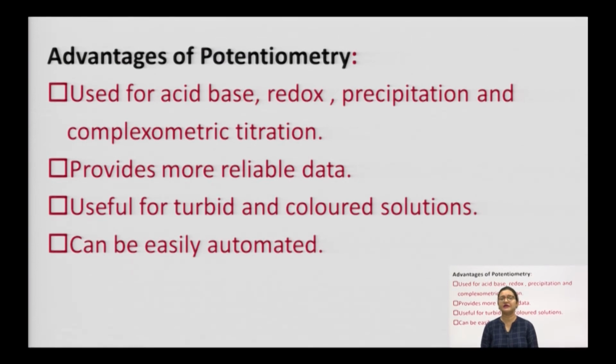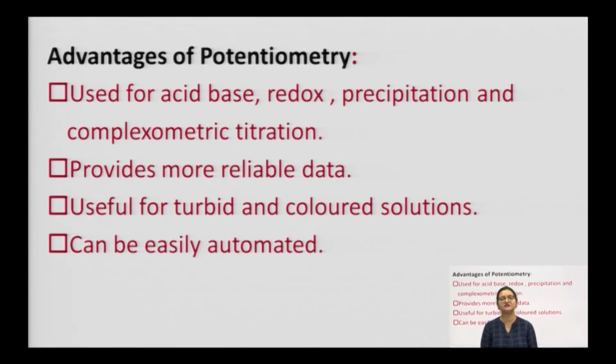For precipitation titration, the end point is indicated by the formation of a precipitate, which should be sparingly soluble or insoluble, and for complexometry, the end point is indicated by the formation of a complex or a chelate, which can be easily determined at the end point. So, if an indicator is not available, we can go for potentiometry.